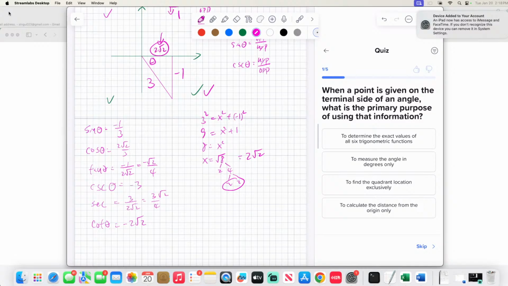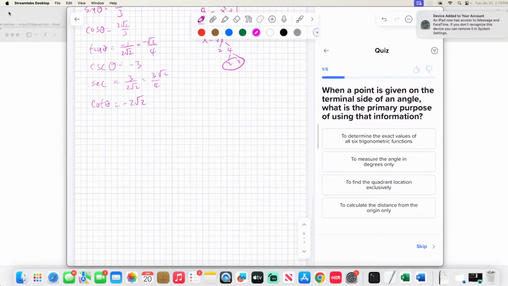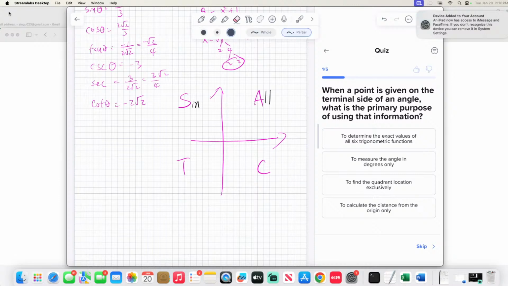Another way to remember this, like a lot of students talk about, is All Students Take Calculus. This is another way to think about which one is positive. This one is where all functions are positive, right? Sine, cosine, secant, cosecant, tangent, cotangent, they're all positive. This one is only S, which stands for sine and cosecant, right?